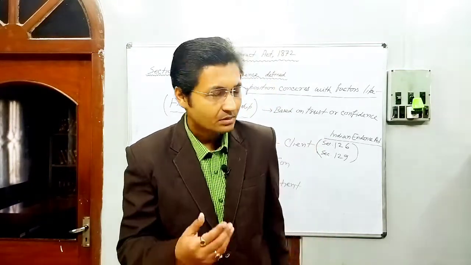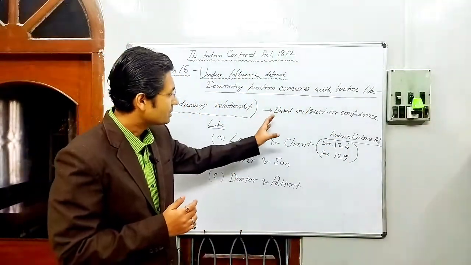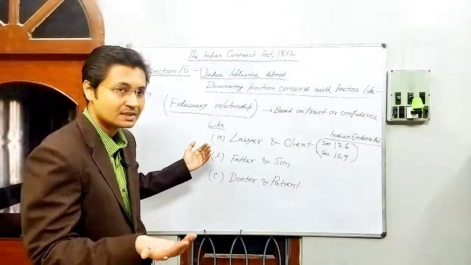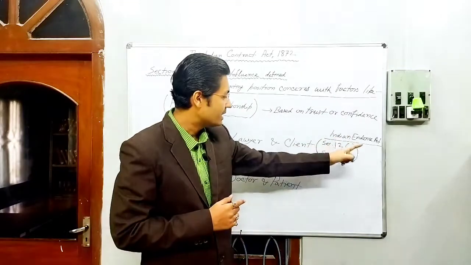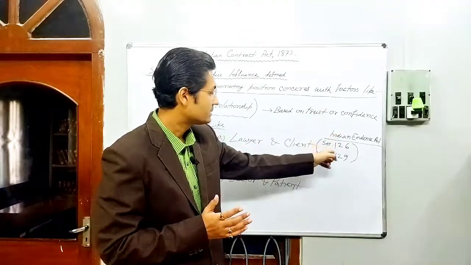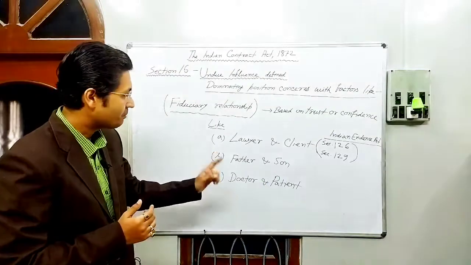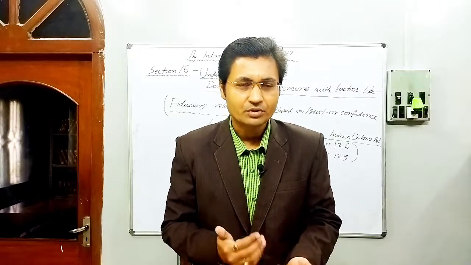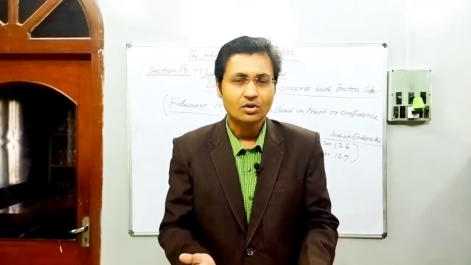So, these are examples of the fiduciary relationship, which is based on trust or confidence, like, as I have discussed, lawyer and client, where Indian Evidence Act sections 126 and 129 are concerned with this fiduciary relationship, and father and son, and doctor and patient. These are very essential ingredients for dominating position, and the court will consider whether there is a fiduciary relationship or not.